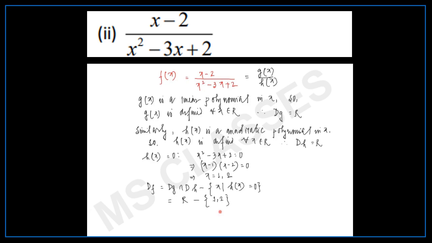Here you can add one line: for all x belongs to R minus the set containing 1, 2, f(x) is defined. Therefore, the largest possible domain of f is R minus the set containing 1, 2.